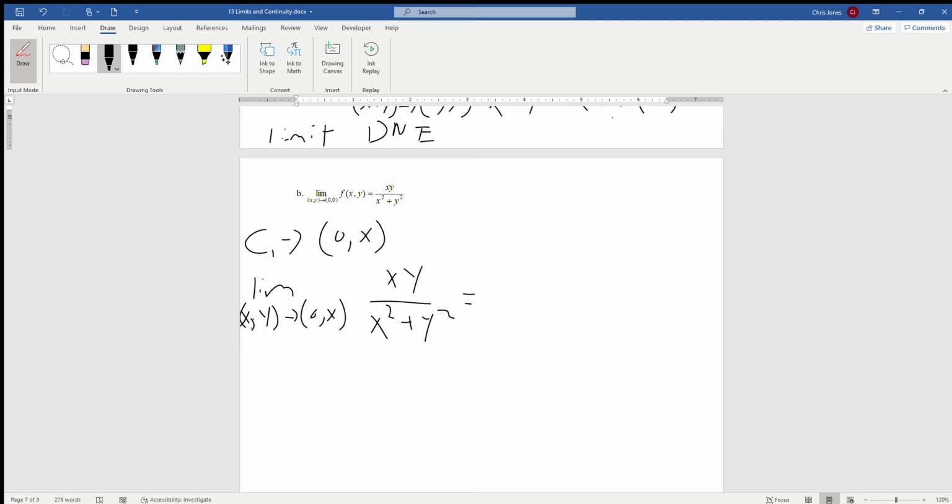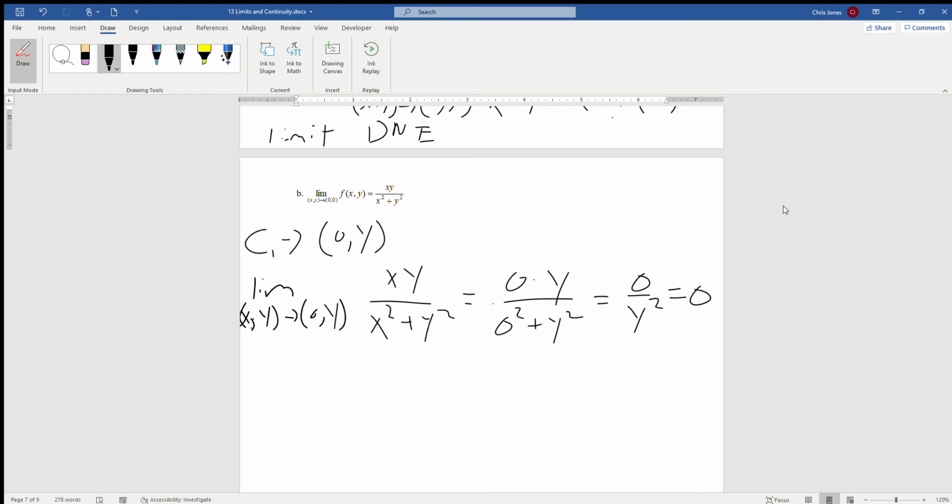We could use (0, x) or (0, y), let's just use (0, y). They're both going to render the same outcome. That's 0 times y divided by 0 squared plus y squared, and that just gives us 0 over y squared, which is 0.